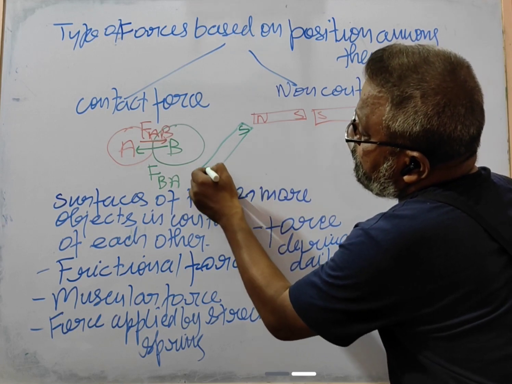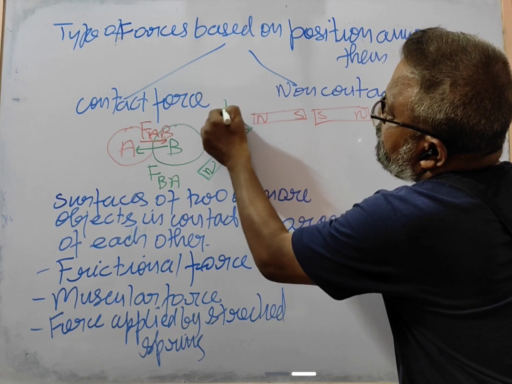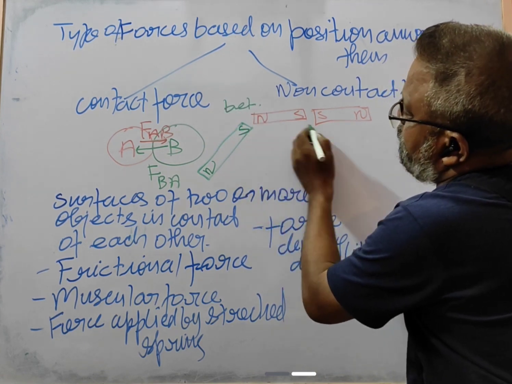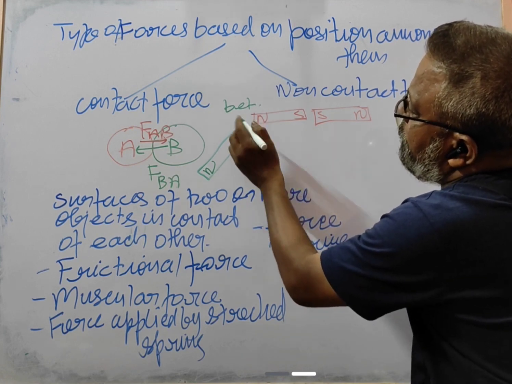This is North Pole. So between opposite poles, they are not in contact of each other. They are not in contact of each other, under the influence of magnetic field, right?